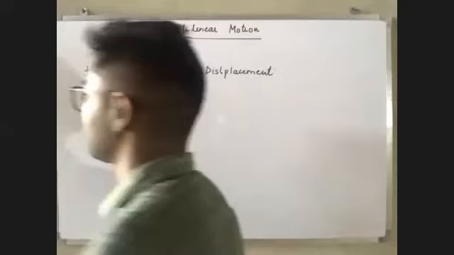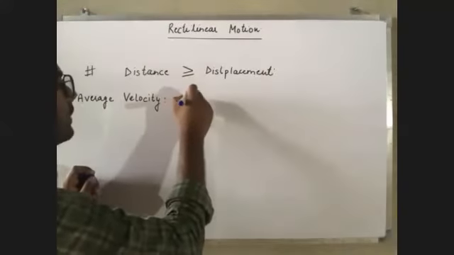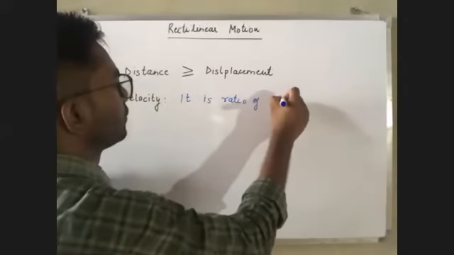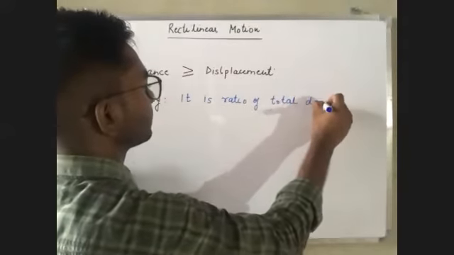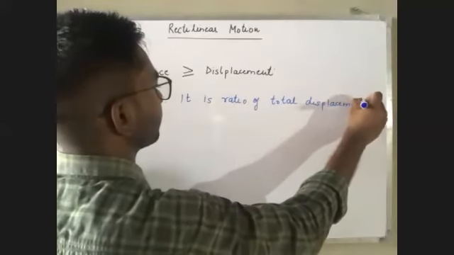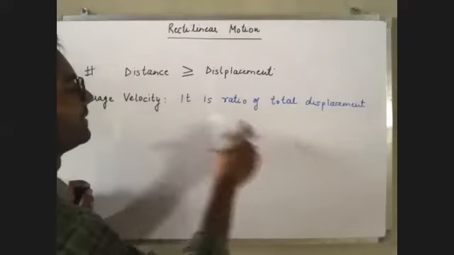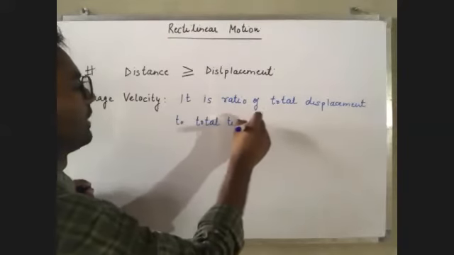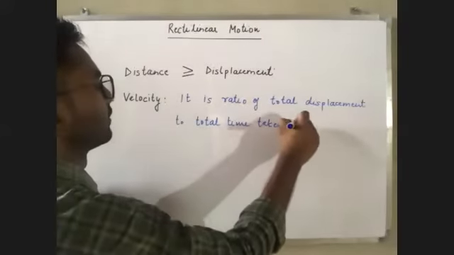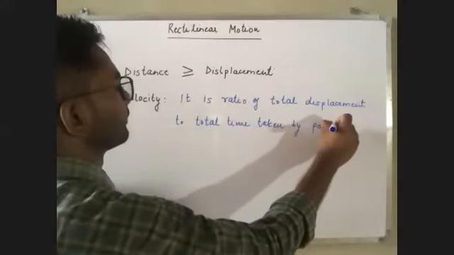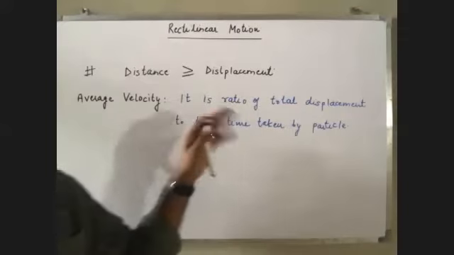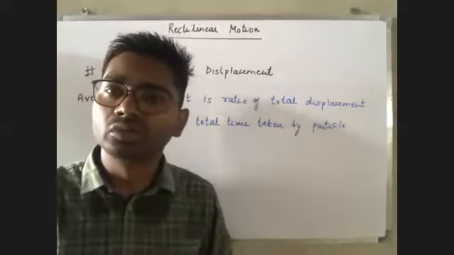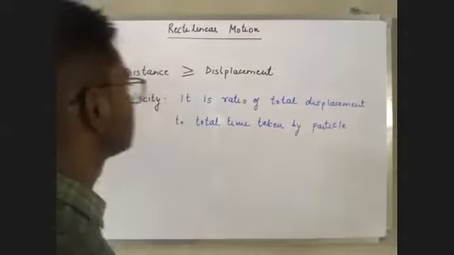So it is nothing but the ratio of total displacement to the total time taken by the particle. Whatever the displacement is, how much time did it take for that displacement? That is nothing but the average velocity.